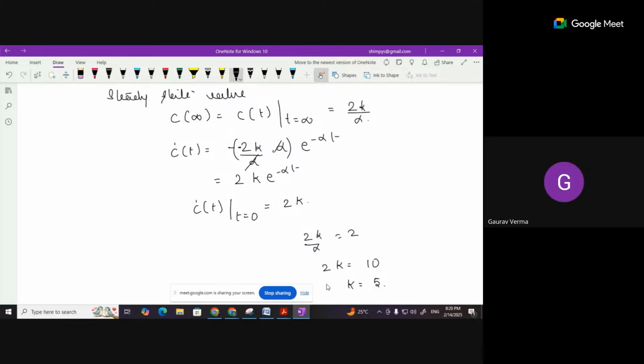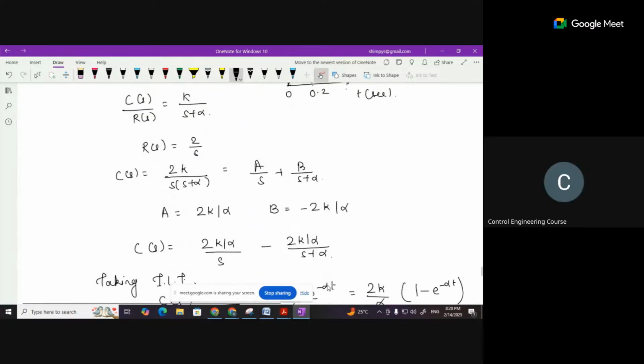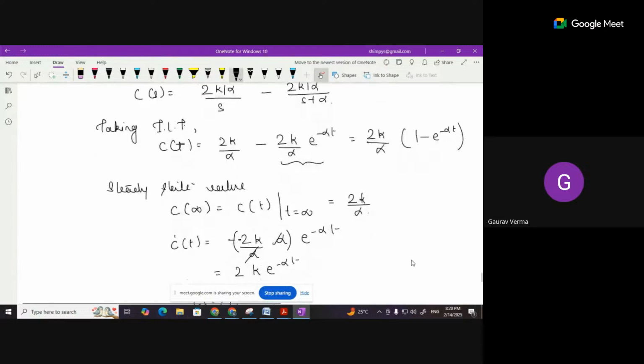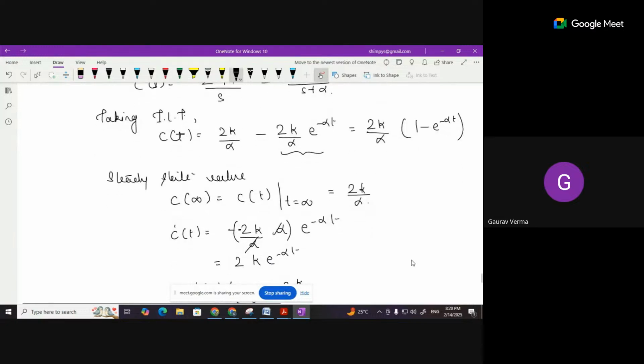Okay. So shall we stop here today? Ma'am, how did we get alpha equal to 5? In the last step, 2K is equal to 10, so K is equal to 5. And 2K by alpha is equal to 2, so K is equal to alpha.